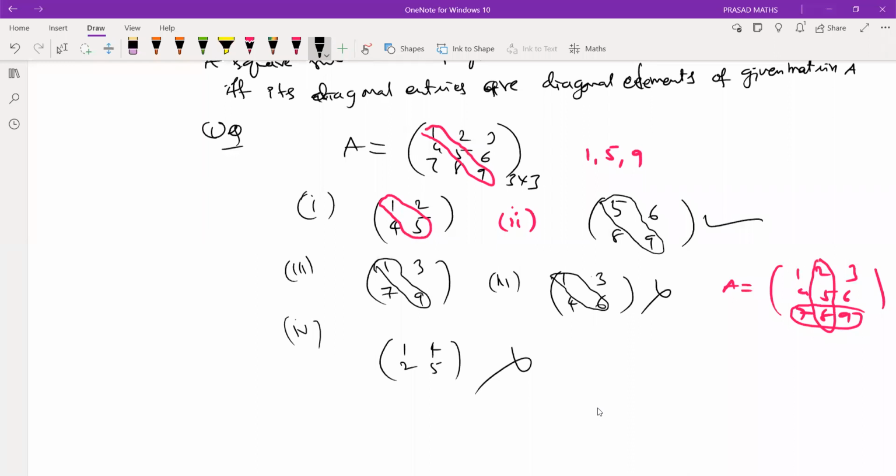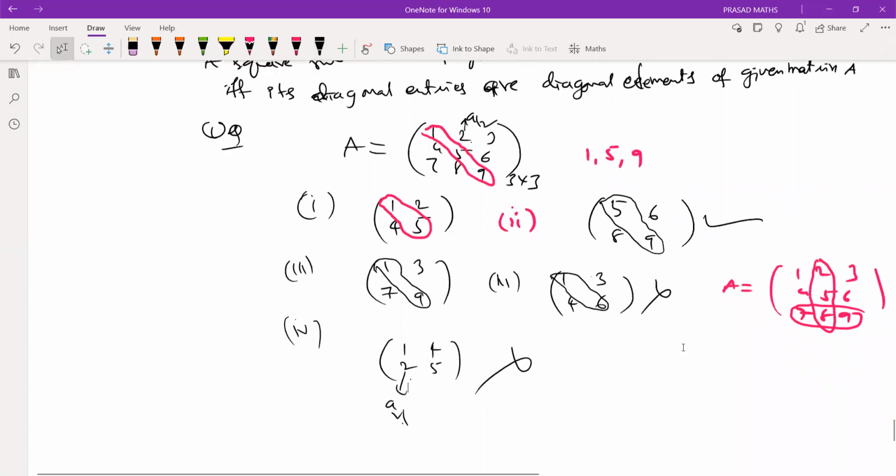The 1, 2 entry here is 2 and the 2, 1 entry here is 2, so the entries are permuted. Whenever I talk about a submatrix of a given matrix, the entries of the given matrix should not be permuted. But in this case the entries are permuted. Therefore, it's not a submatrix, so not principal. Is it clear?